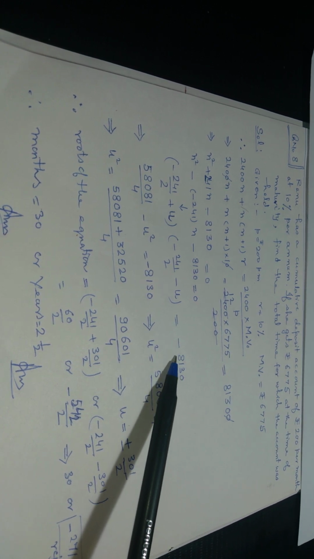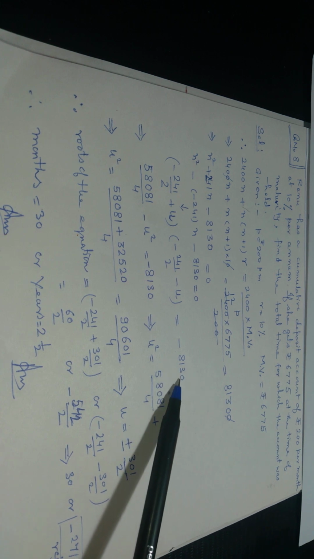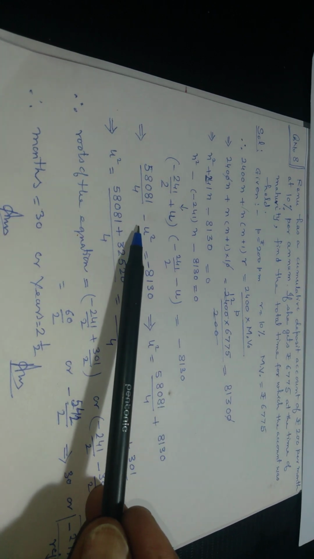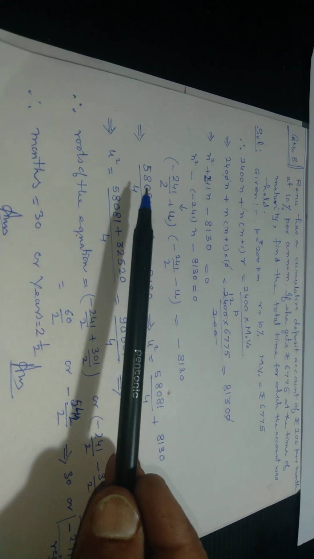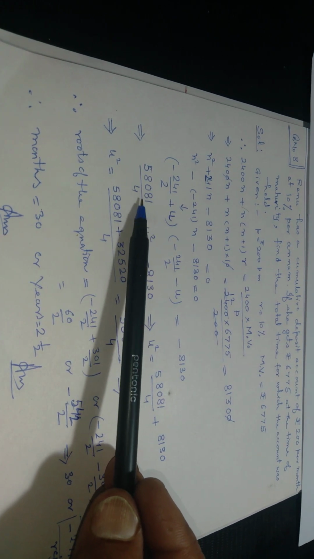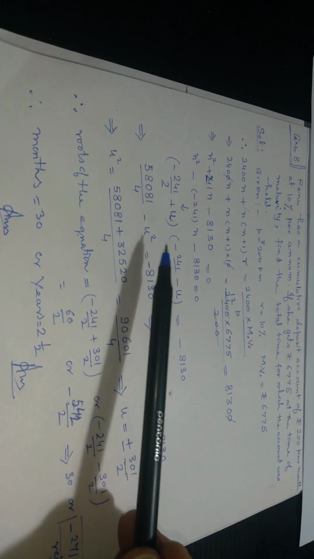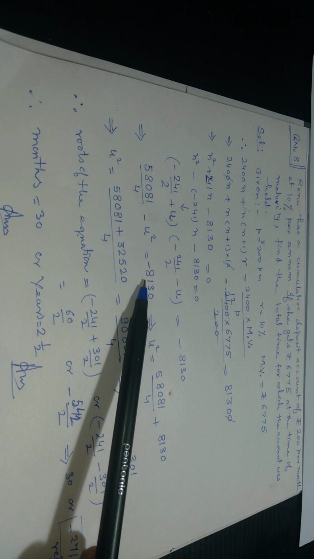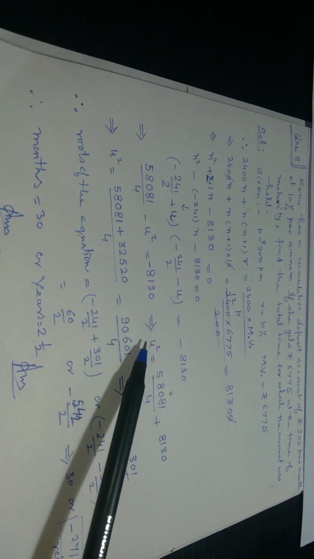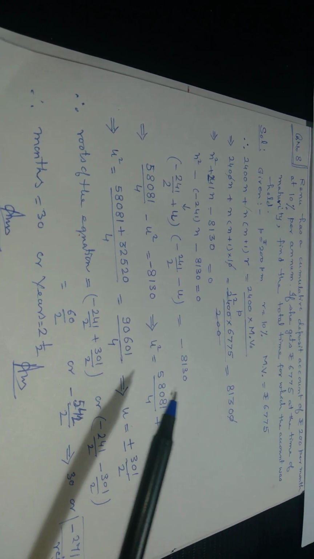So it will be equal to minus 8130. You just solve it. 58,081 divided by 4 minus u square is equal to minus 8130. Further you solve it, u square will be equal to 58,081 divided by 4 plus 8130.